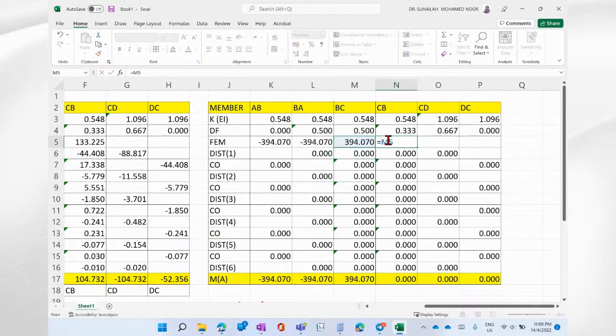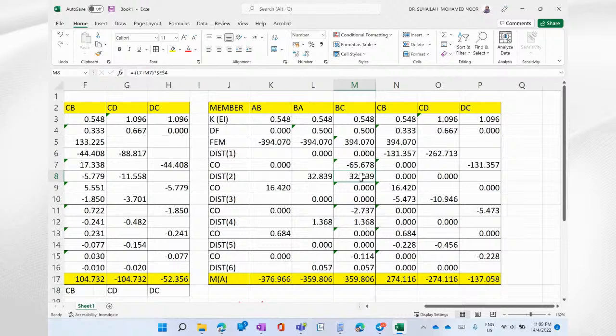So we get both. It is just like this. So this is table B.